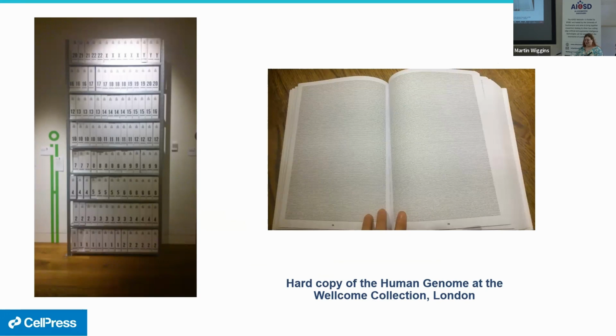This is a way of visualizing the data in the human genome. It's not a very helpful way of visualizing the data in the human genome, but it's still kind of cool if you want to impress on people just the vast quantities of data and how much information there is. If you want to use this visualization for helping people understand what a certain gene does, no, that's not the way to do it at all.